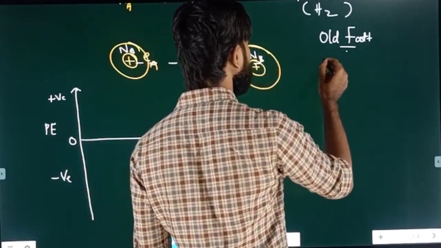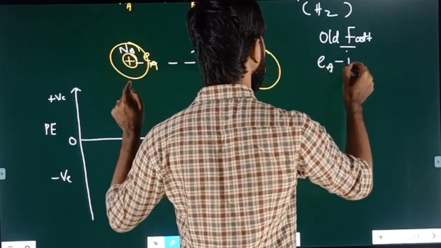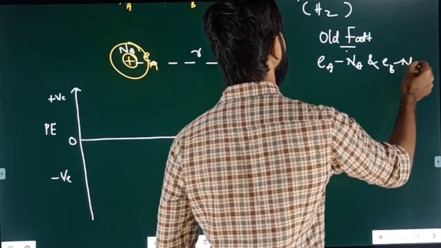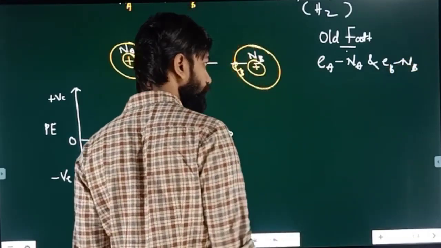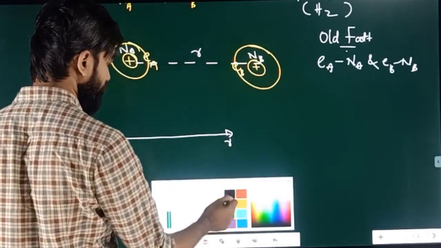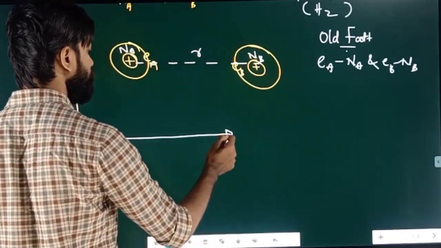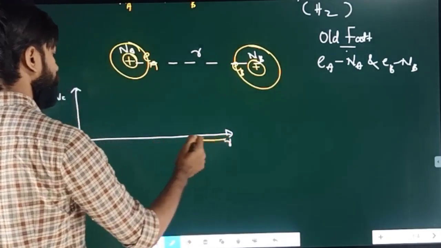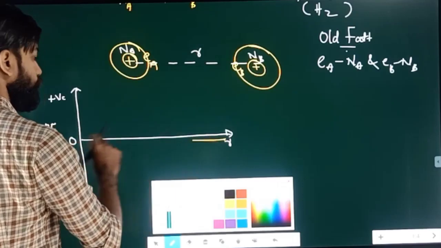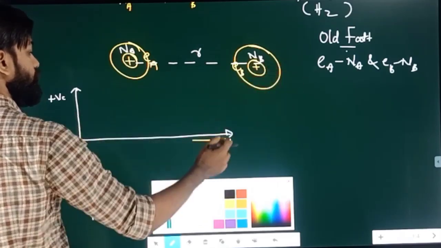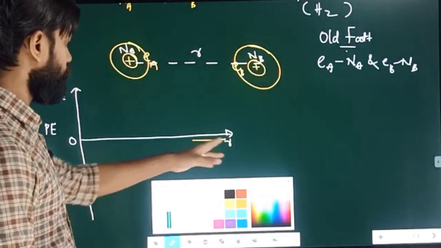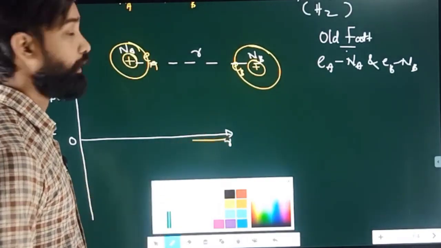So there is an attraction between EA and Na, as well as EB and Nb. Since there is an attraction, at infinite distance there is a small potential energy. That is an attractive energy, which means the potential energy is negative.